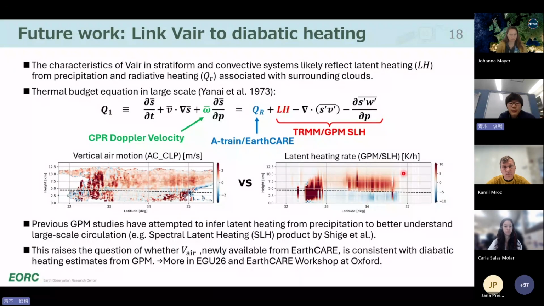The right-hand side shows the stratiform heating and cooling below the 0° level, and we can see a similar pattern in vertical air motion. Such comparison I'm continuing, and I will present more at EGU and the EarthCARE workshop at Oxford.